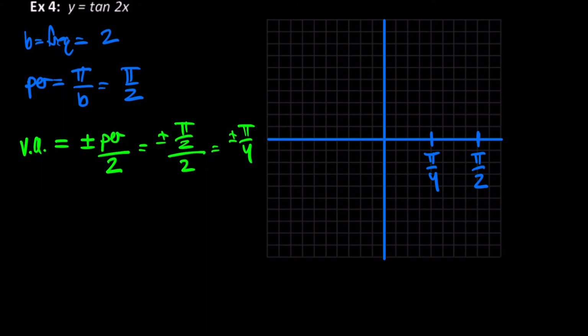And then to keep things symmetrical, I like going the negative direction, so that's negative pi over 4, and this is negative pi over 2. I just find this easier for tangent. You don't have to do it this way, like I said. I know my vertical asymptotes are at plus and minus pi over 4. So at those 2 values, I'll sketch in the asymptotes.